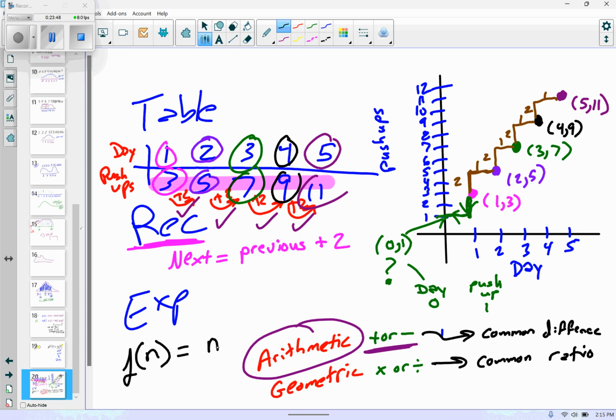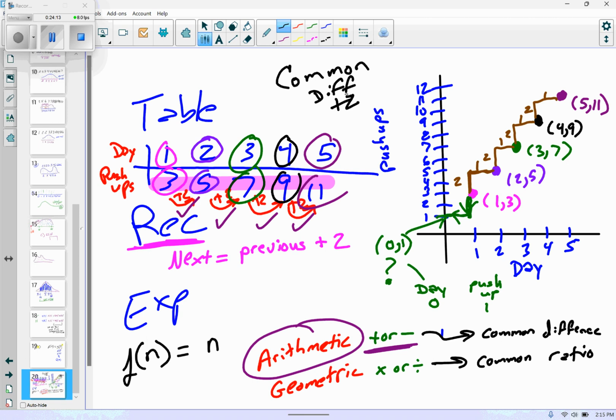So we have to build upon that n. I think we had done something with the common difference. The common difference on that pink line was +2.